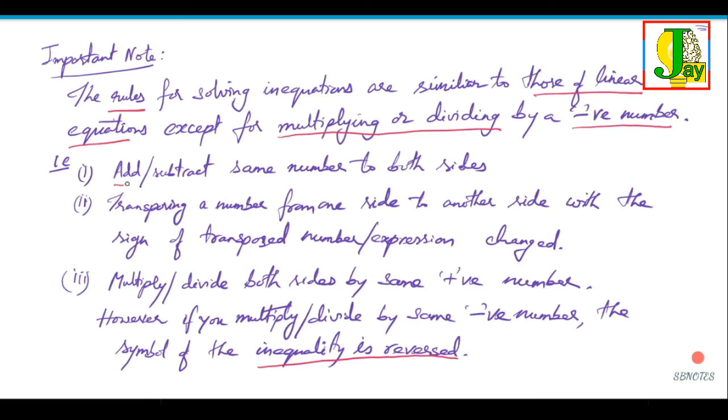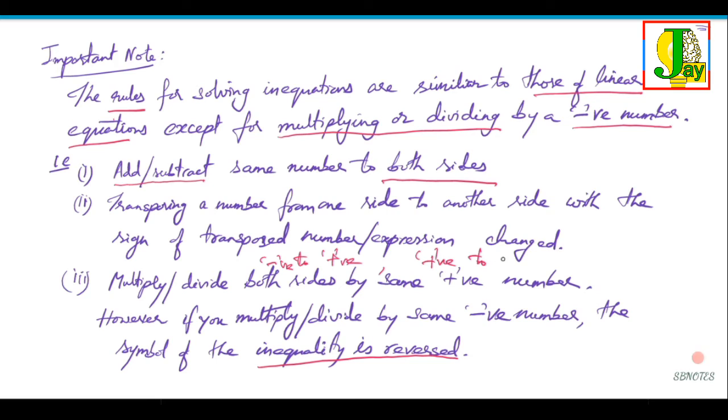If we add or subtract a particular number on the left hand side, we have to do it on the right hand side; on both sides you have to do the same thing. Transposing a number from one side to the other, as we did in previous classes: positive becomes negative and negative becomes positive.